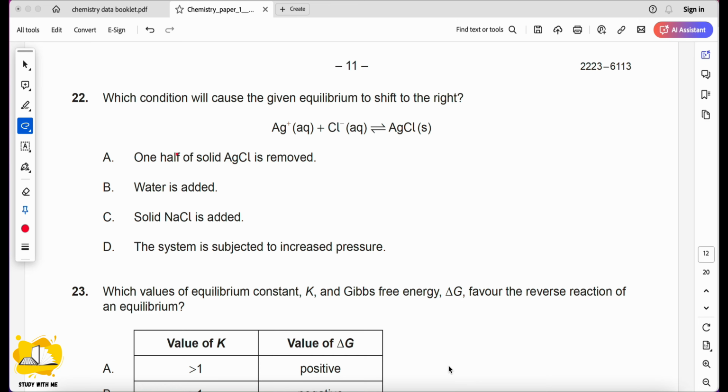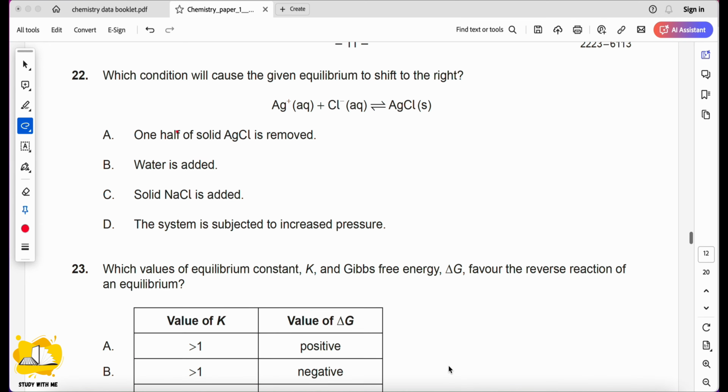And when solid NaCl is added, it will cause an increase in solid silver chloride because adding solid NaCl will add chloride ions as well. So the increase in Cl minus concentration will cause the equilibrium to shift towards the right. And for D, the system is subjected to increased pressure. There is no gas molecule, so it doesn't give any effect.